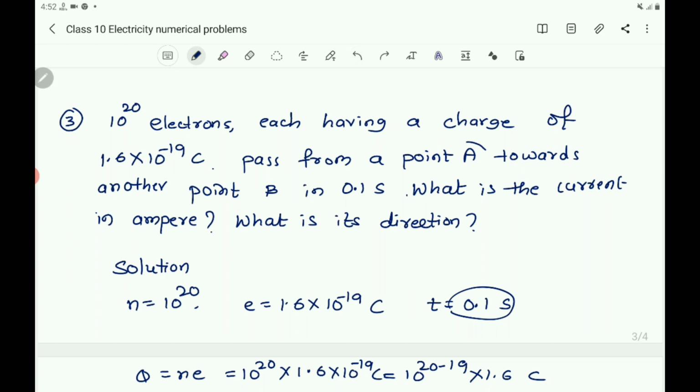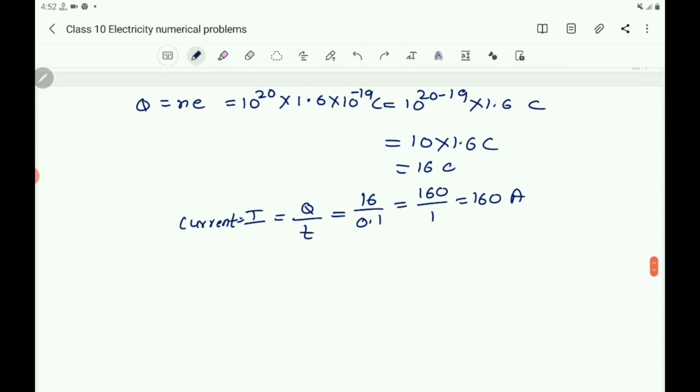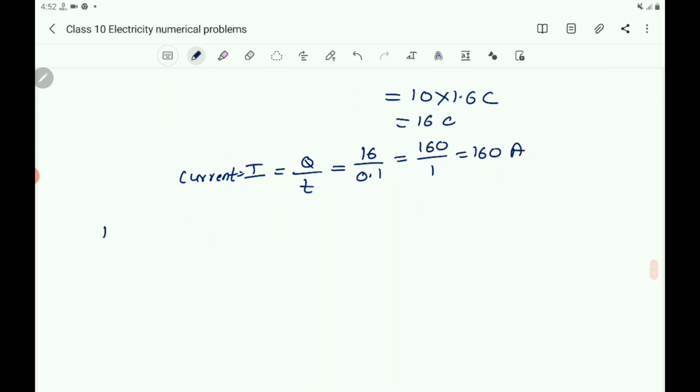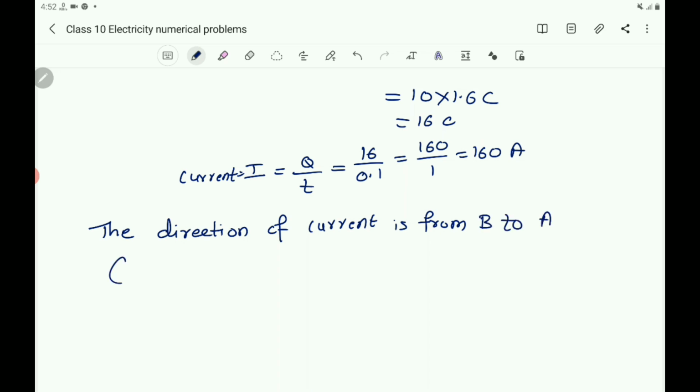So as the electron flows from the point A to B, current flows from the point B to A. So the direction of current is from B to A, because electrons move from A to B.